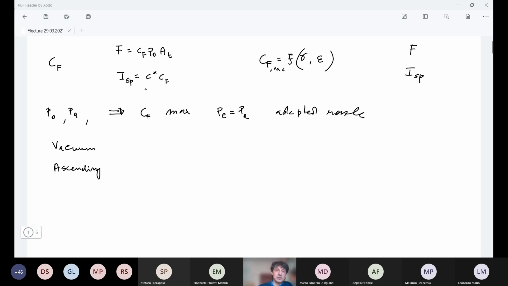So for application related to the ascending phase, also in this case, the question is what will be our epsilon, what will be our PE, the expression.